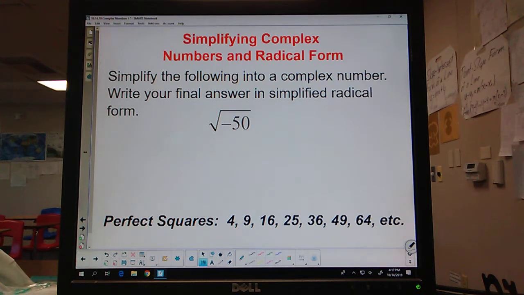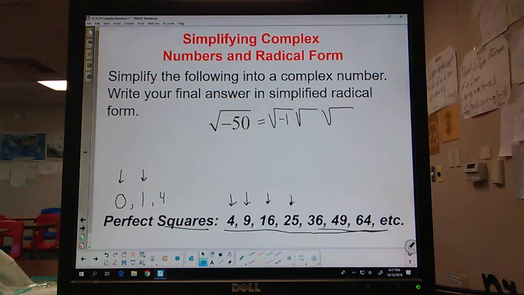All right, simplifying complex numbers. Now, we're going to simplify the square root of negative 50. So let's break it up first into negative 1 radical. And now let's think a minute. Perfect squares are 0 because 0 times 0 is 0. 1 because 1 times 1 is 1. 4 because 2 times 2 is 4. 3 times 3, 4 times 4, 5 times 5, etc. Is there a perfect square that will multiply and make 50?